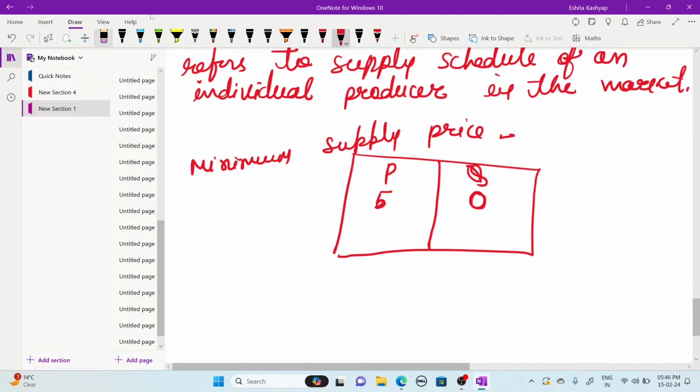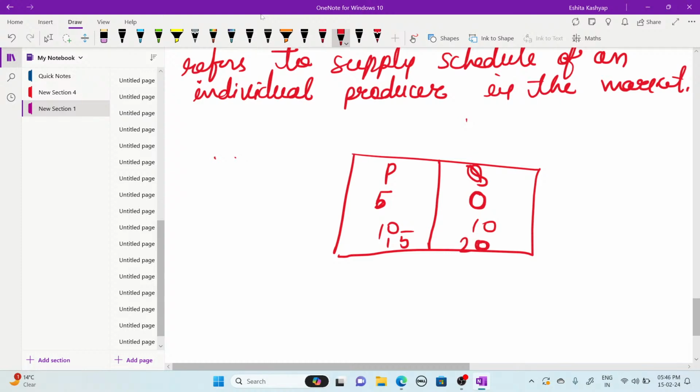Okay, so let's discuss the supply schedule. At price 10, output is 10. At price 15, output will be 20. So at the low price, no producer is ready to sell, and at price 10 rupees, the producer supplies 10 quantity, and so on.